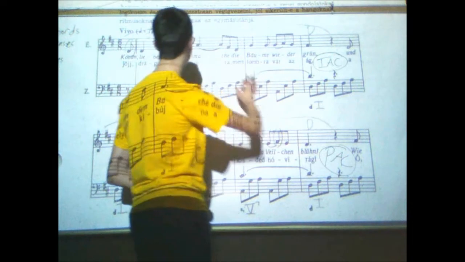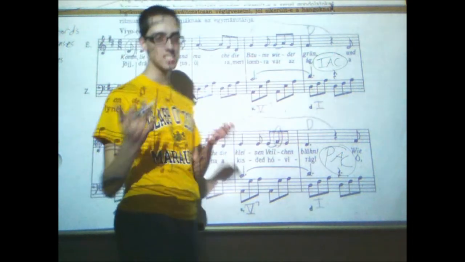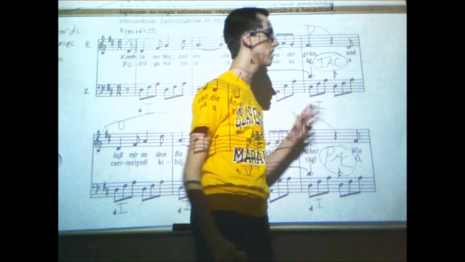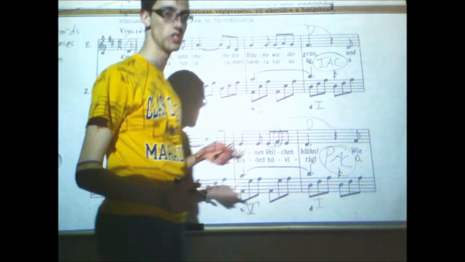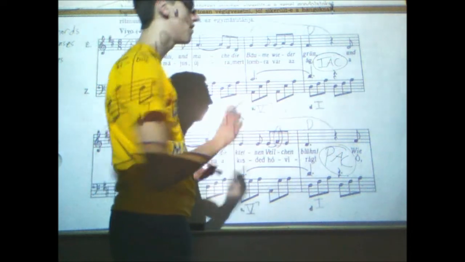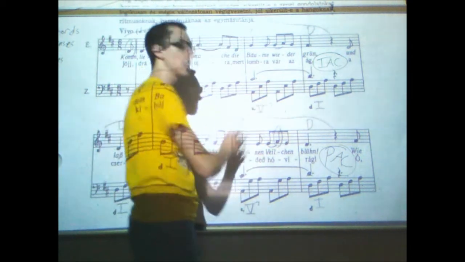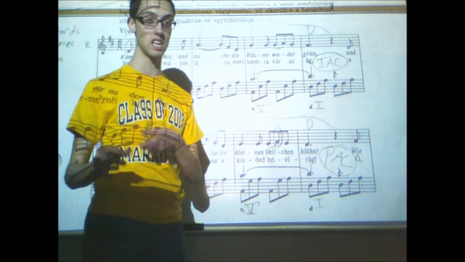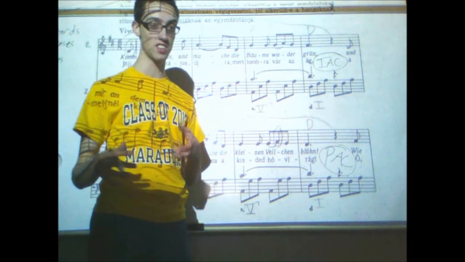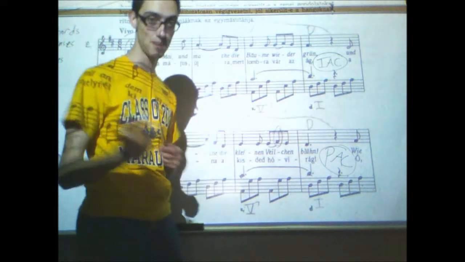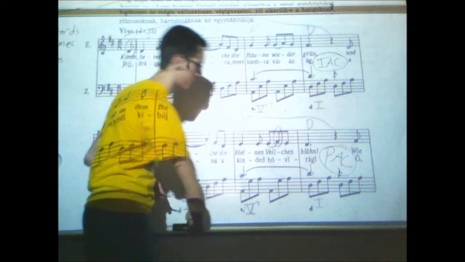And if you listen to it, it's not a half cadence right there. And then the last cadence is a deceptive cadence, or a 5 to 6, or like the minor. So G to C major would be a perfect or imperfect authentic cadence, but G to A minor would be a deceptive cadence. Okay?